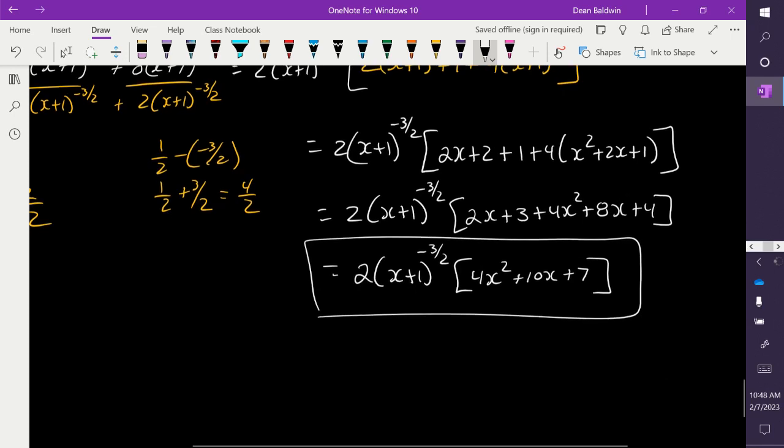And then it's just algebra after that. Expanding, collecting like terms. Don't worry about factoring if it is even possible. The 4x squared plus 10x plus 4, or plus 7.